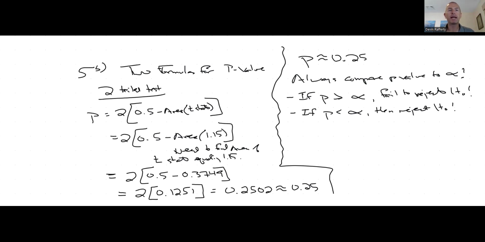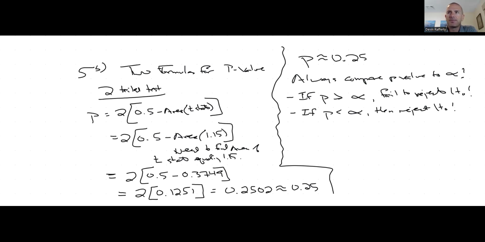The bigger that p gets in relation to alpha, the more confident you are in failing to reject the null. That's what's going to happen here, by the way. But if p is less than alpha, the smaller that p gets, the more confident you are in rejecting the null hypothesis.